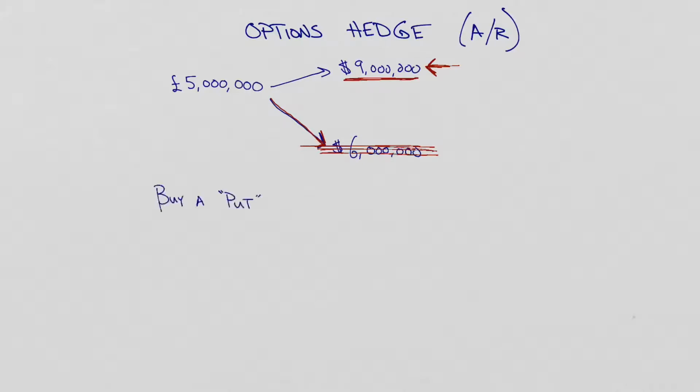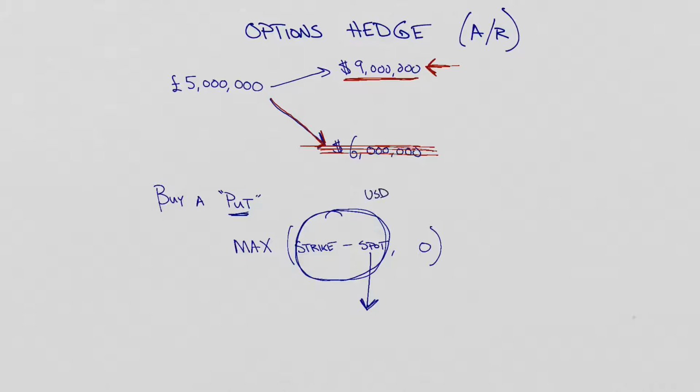Specifically, if we buy a put on the British pound, that will pay off if the British pound weakens. If the value of the spot rate goes down, so if this is denominated in terms of US dollars per British pound, then if this number goes down, 1 British pound is buying fewer dollars. If the eventual spot rate falls in value, that means the British pound is weakening. And that's not good for us because we're going to be receiving those British pounds, those 5 million, and that's going to translate to fewer dollars for us.